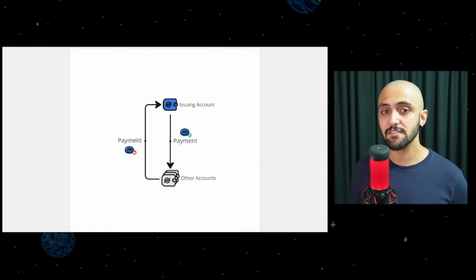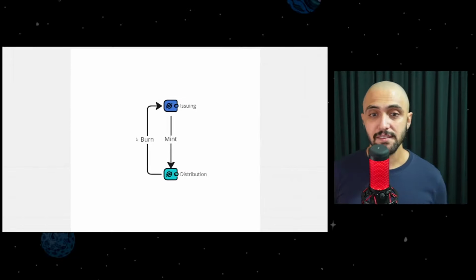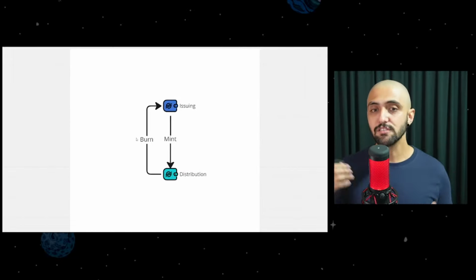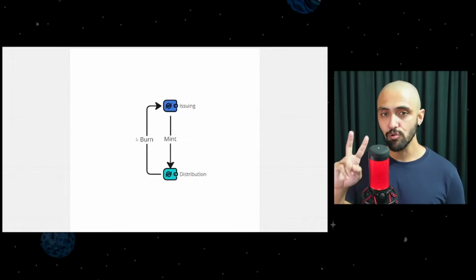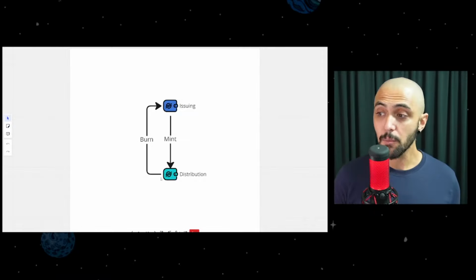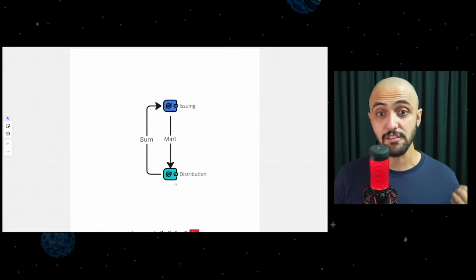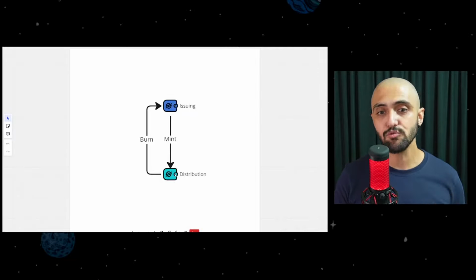You could combine different operations and build a very customized design for your solution, but there's a design pattern that's widely adopted by the ecosystem, and that is a design pattern called issuing distribution pair. So in the issuing distribution pair, the issuing entity actually controls two accounts instead of one. So we have here on top the issuing account, but down below we also have the distribution account. So whenever the issuing entity is minting new units, it mints directly to the distribution account.